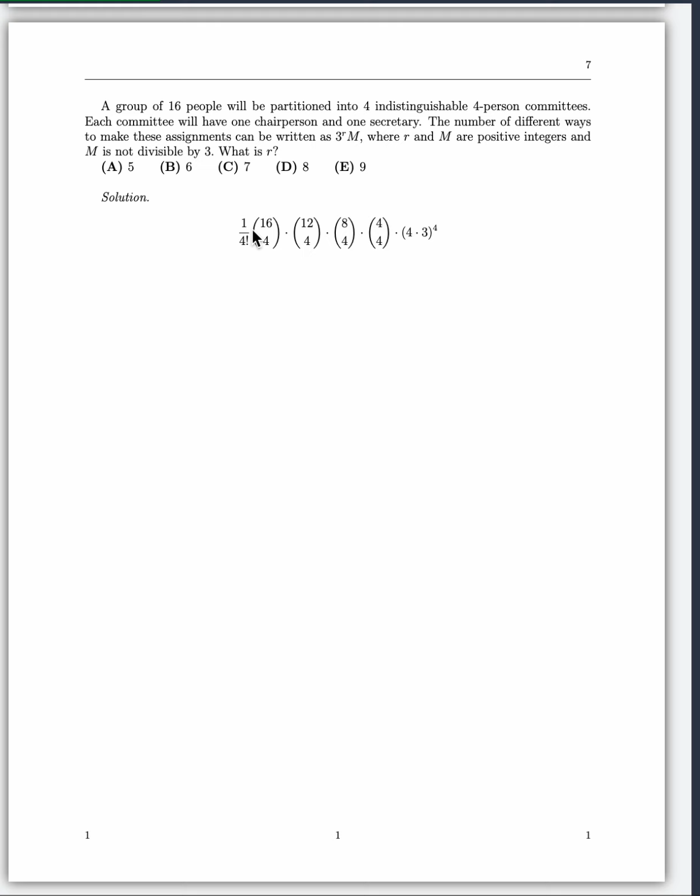So the only part left is to find the maximum power of 3 that divides 16 choose 4, 12 choose 4, 8 choose 4, and 4 choose 4, and then we are done with this problem.